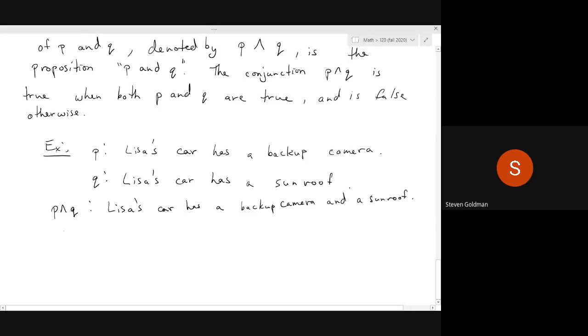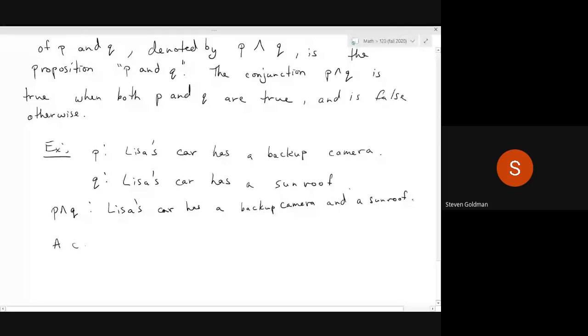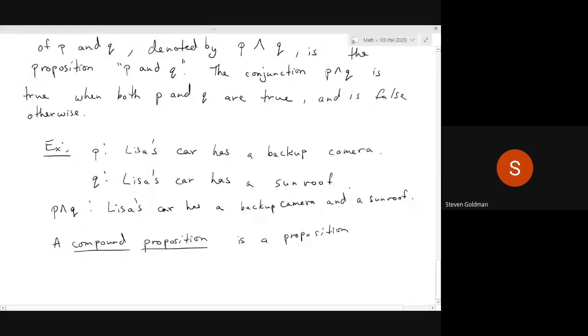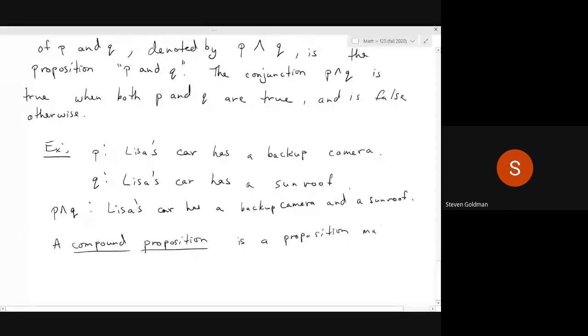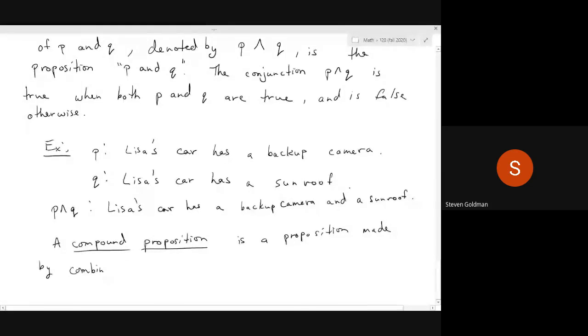So let me also write here that, as I've been saying, a compound proposition is a proposition made by combining two or more propositions. Okay, so a conjunction would be an example of a compound proposition.